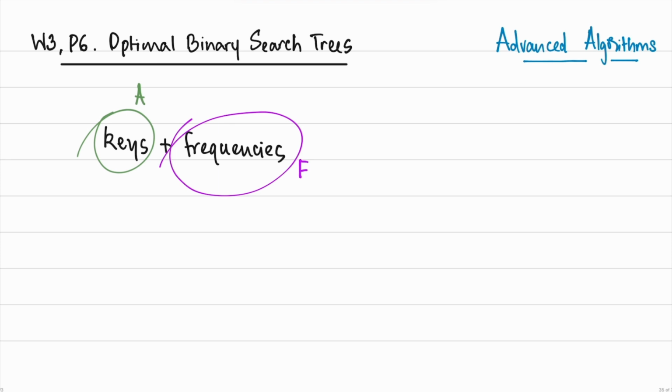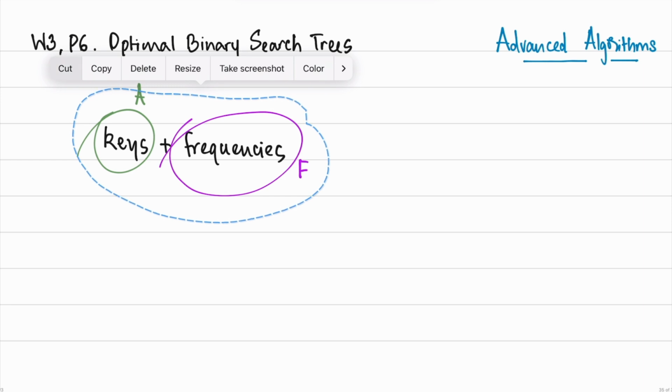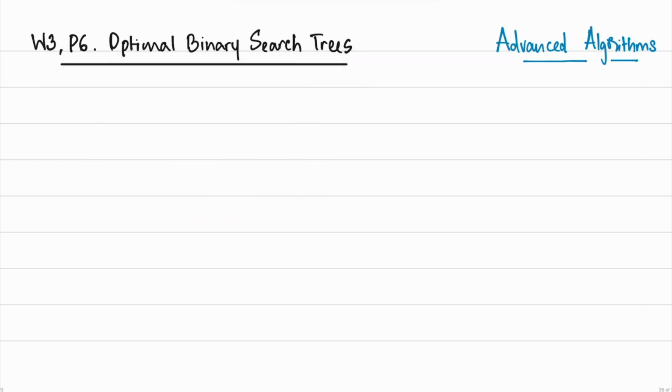Okay, so let's continue by thinking about what our subproblems should be. Based on what I hinted at last time, you've probably guessed that our subproblems should involve subarrays in some form.